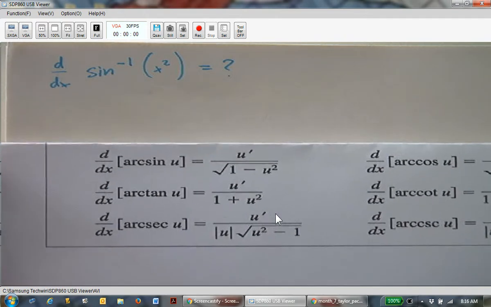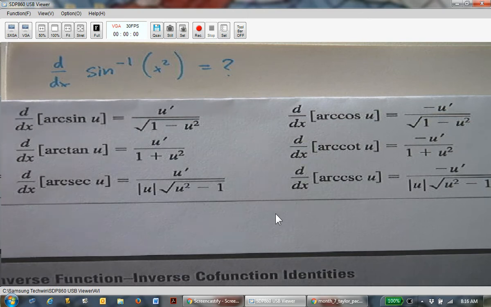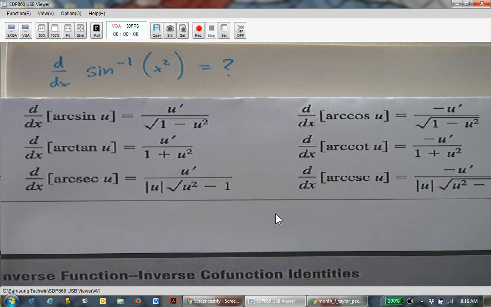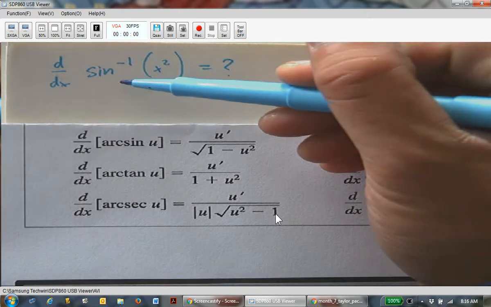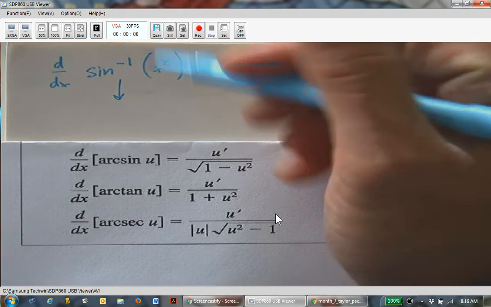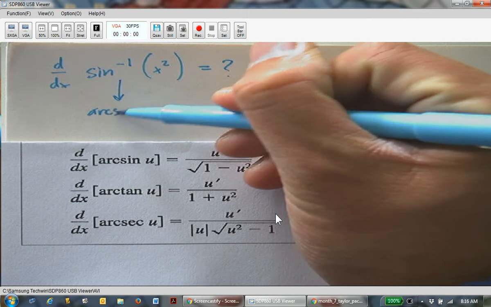Okay, so out of these six derivative statements, which ones did you guys opt to use? Arcsine. How did you know it's arcsine? Because it's inverse sine. What is arcsine exactly? The inverse of something? Okay, so inverse sine is otherwise known as arcsine.